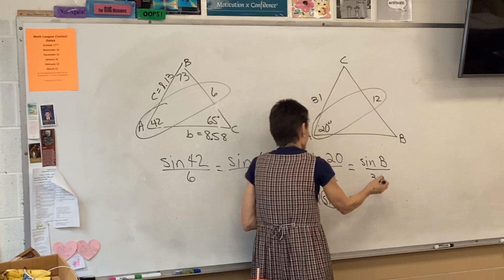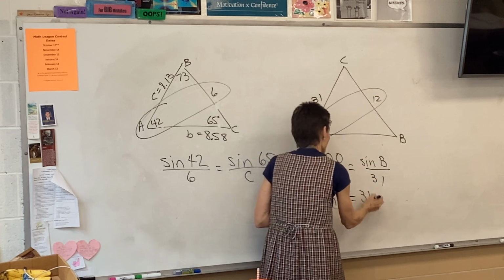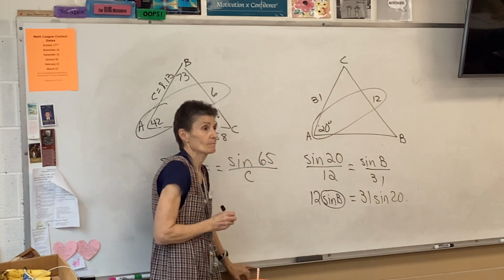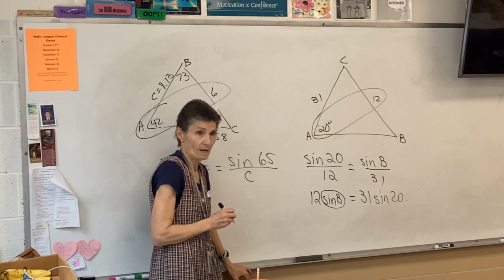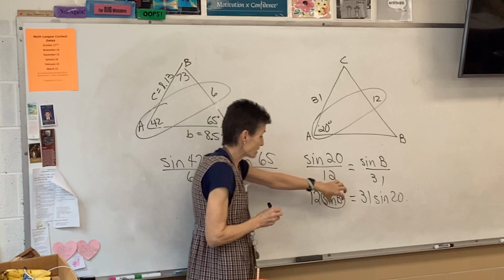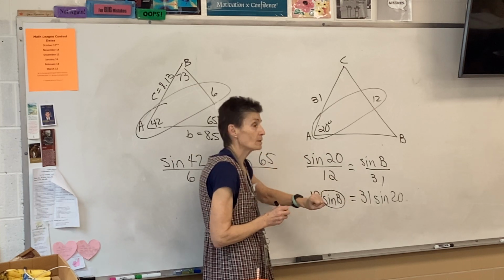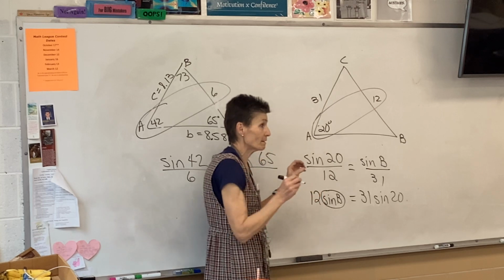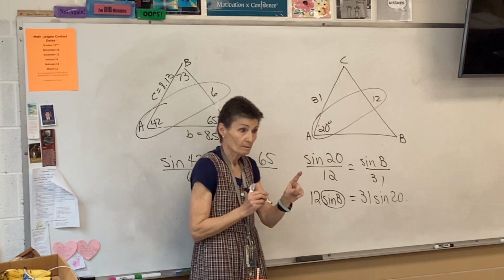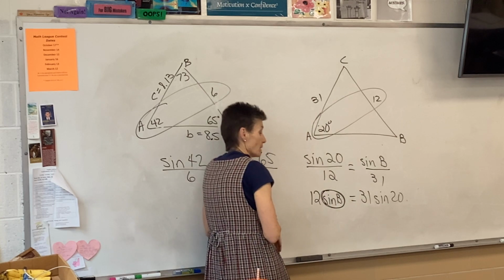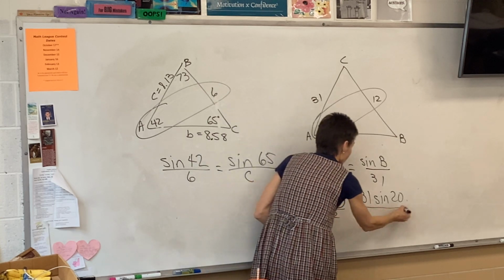What does that equal? 12 sine B equals 31 sine 20. Right? Now, this is my variable. So what am I going to divide by now? 12. This is your variable. It's unbreakable. So you're going to divide both sides by 12.